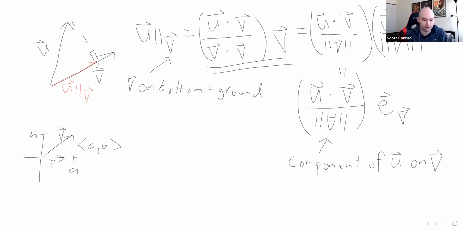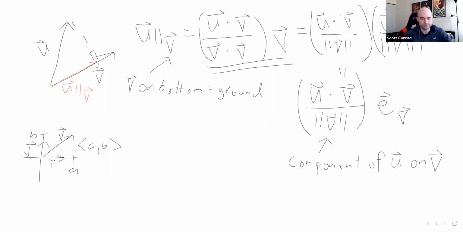A is the component of V onto I, and B is the component of V onto J. It's the same sort of thing here, except now we're not projecting our vector onto I, we're projecting it onto some other vector V. So it's the piece which is parallel to the vector V.